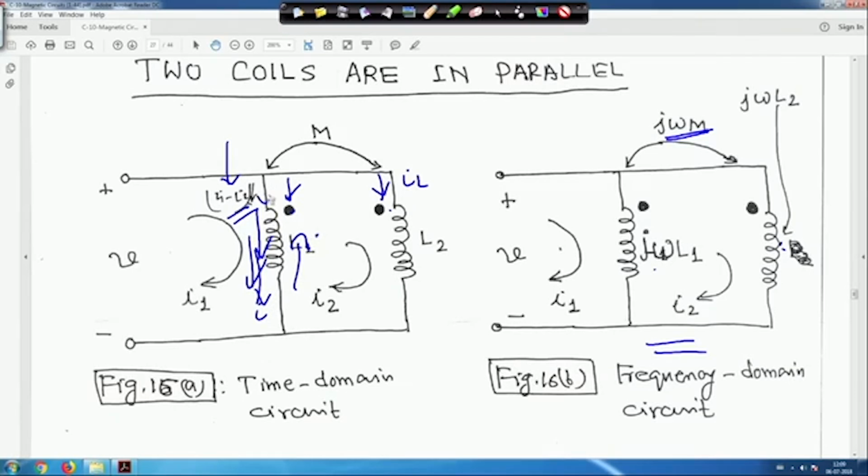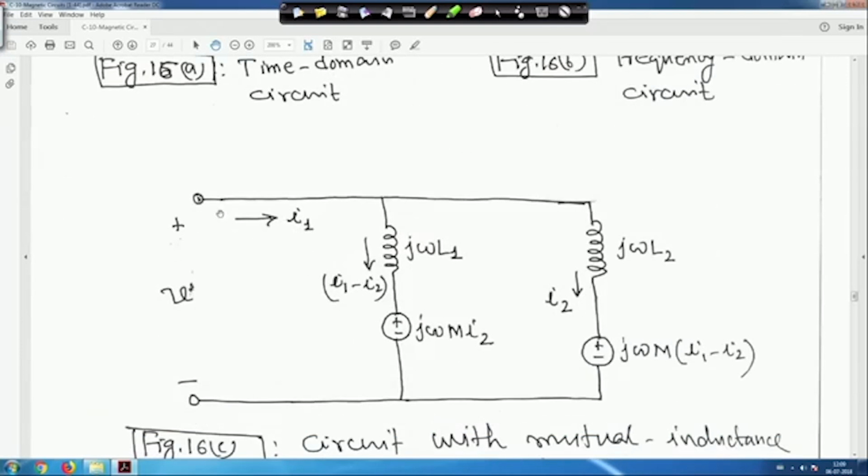So following the dot convention, when you write the equation, the plus sign will come, and this is the mutual inductance M.